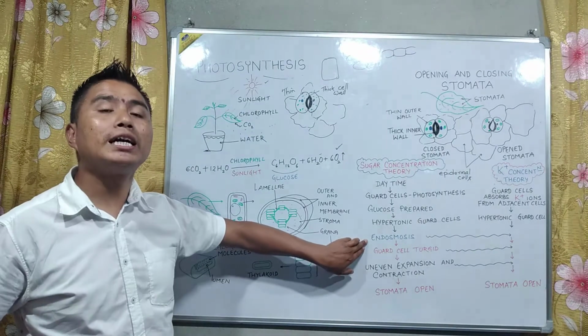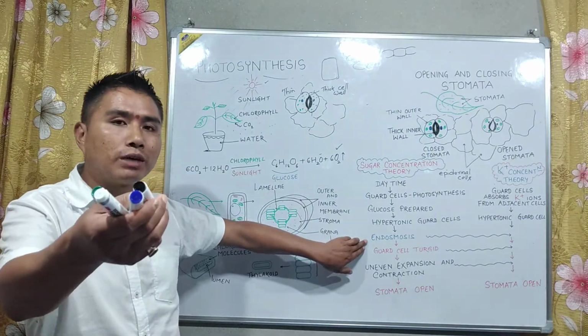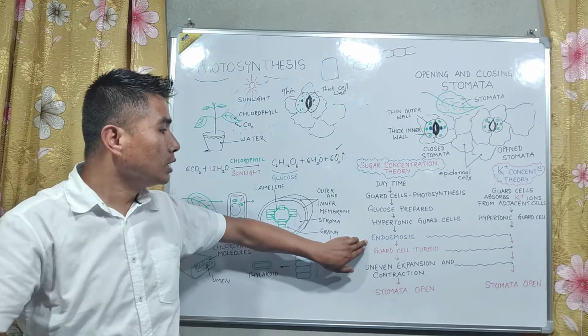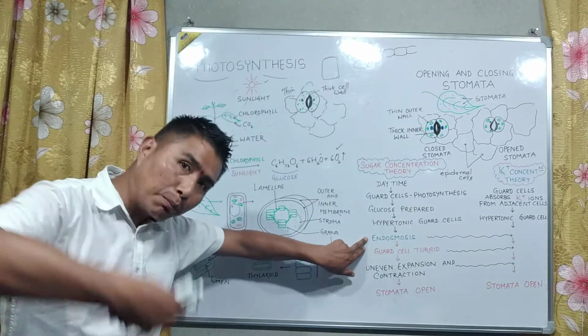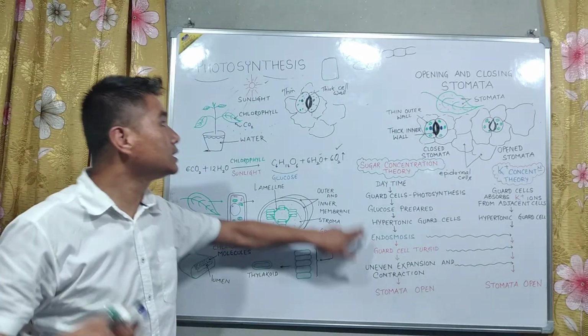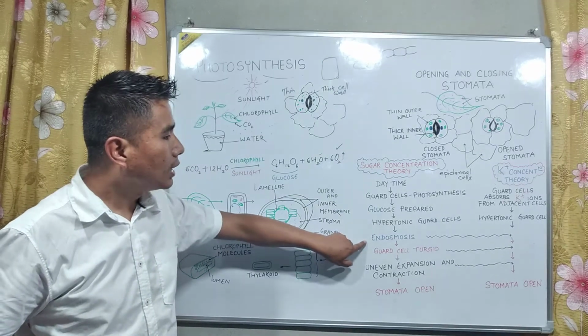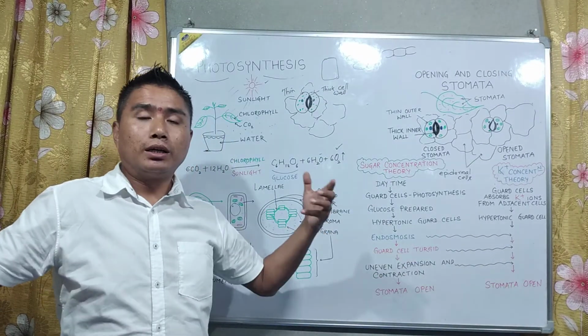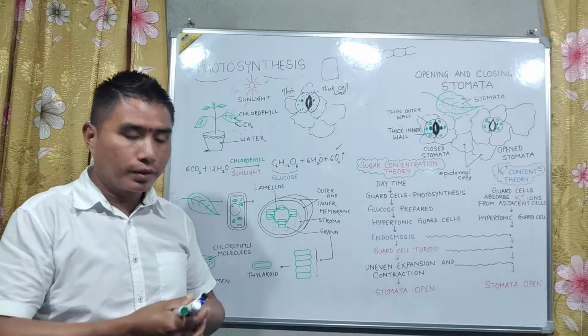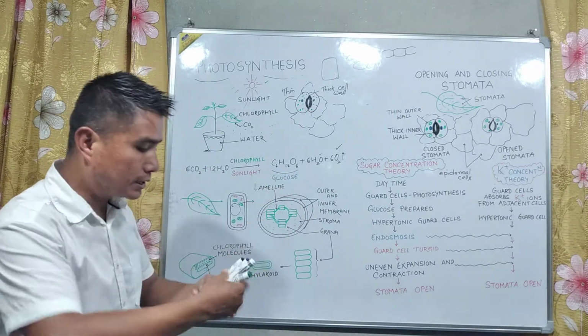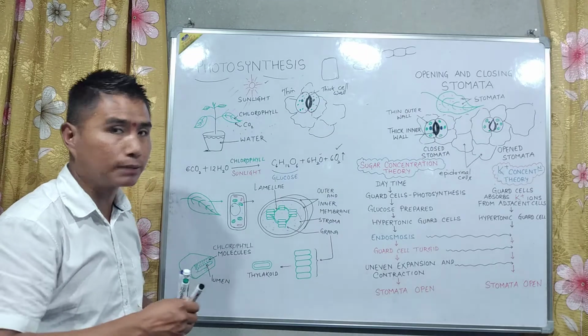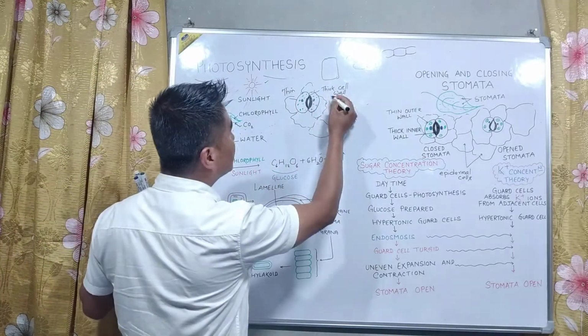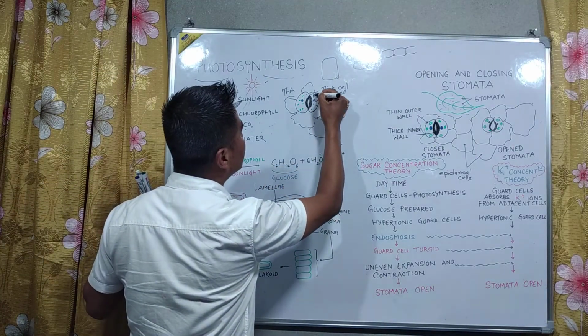Which is known as endosmosis. You know very well, we have already studied that in absorption by roots. So when endosmosis takes place, water goes inside the guard cell, and then the guard cell becomes turgid. The guard cell swells up. When it swells up, there is a pressure which is known as turgor pressure. That means there is a pressure from inside to outside.